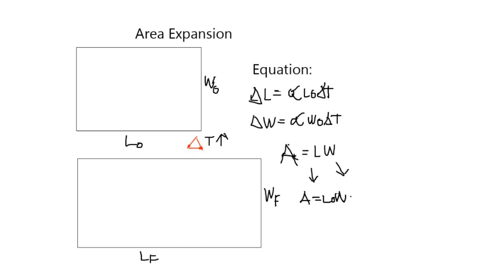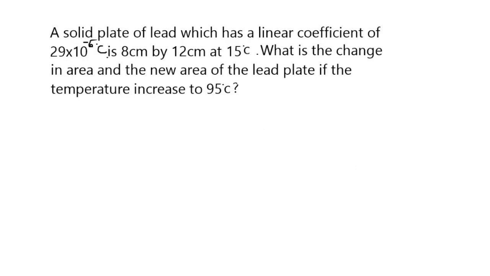And then, we can just break this down sa L naught times W naught, which will become the area naught or the initial area. And then, the final area, which is the LF times WF. So, those are the equations for area expansion. Actually, I forgot something: the change in area is just equal to the final area minus the initial area. And that's it for this.